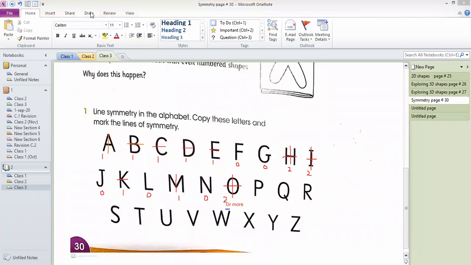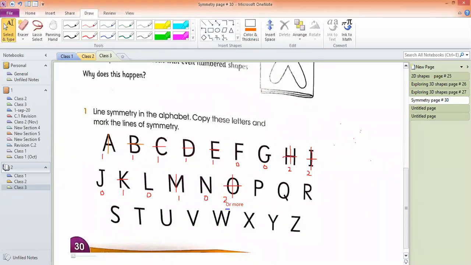Right, guys, if you check here, if you draw a vertical line of symmetry here, so these two parts are not same. If you draw a horizontal line here, even then these two parts are not same. So there is no symmetry in P. You will write 0.